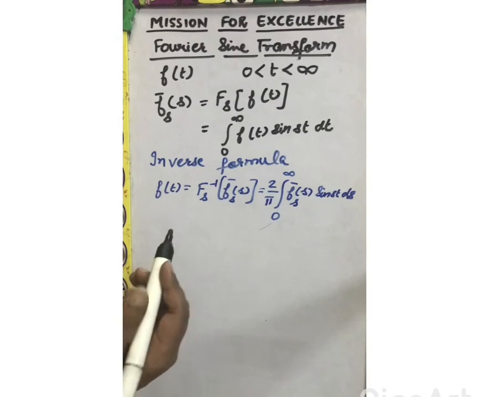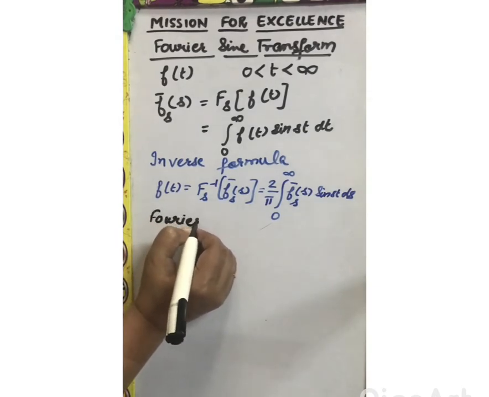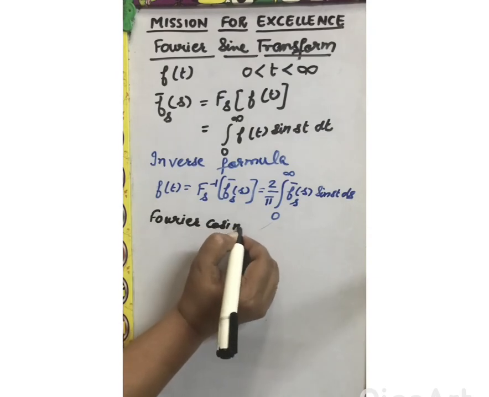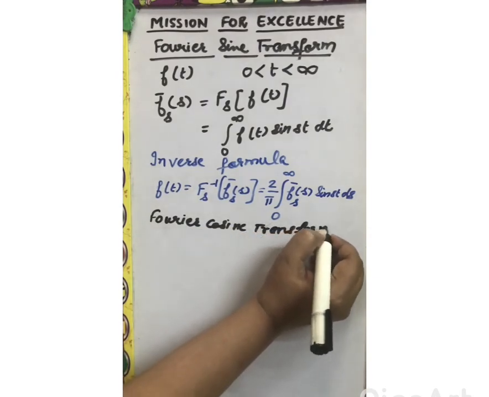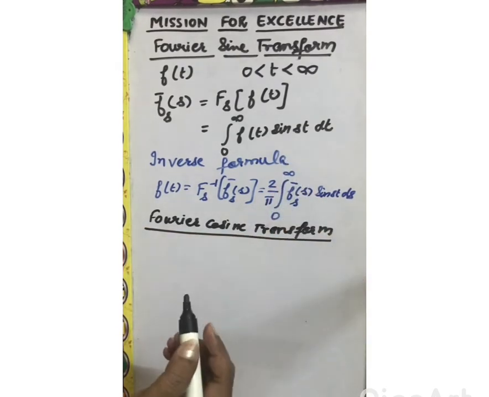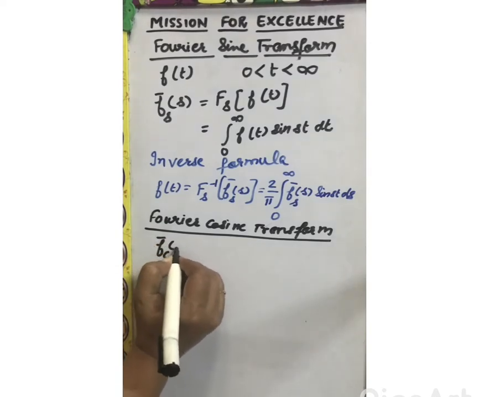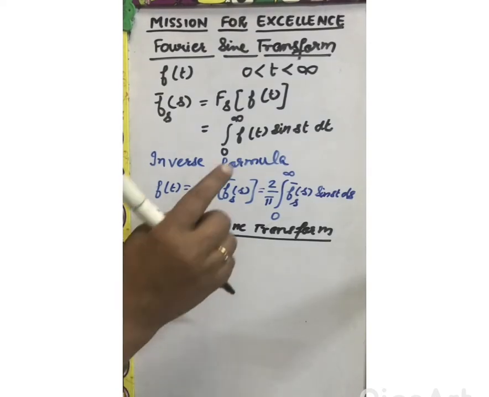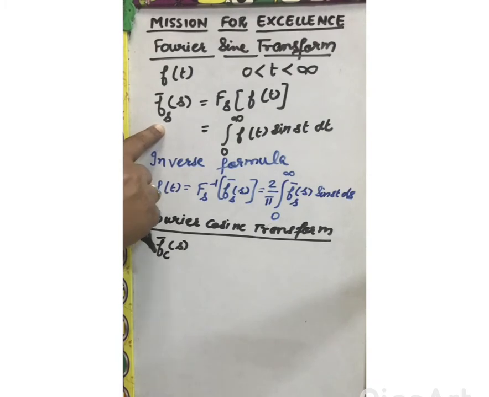Similarly, when we define the Fourier cosine transform, in this we will take cos(st) instead of sin(st). The Fourier cosine transform is denoted as f bar c s. Ultimately it will be a function of s, and this lower suffix s denotes the Fourier sine transform.